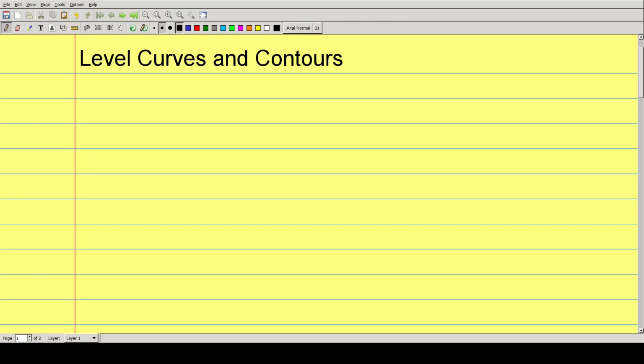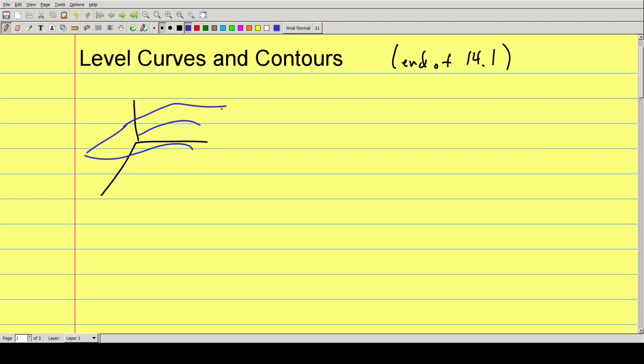All right. Okay. So to get things started, and again, this is the end of 14.1. If we have some surface, and again, it's kind of hard for me to draw these in a way that is maybe super illustrative without using the computer or something like that.